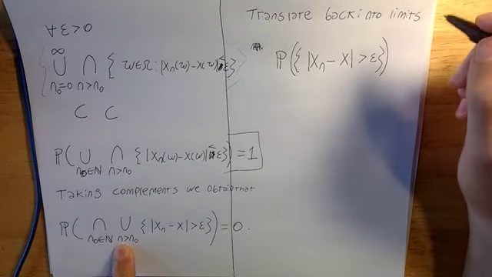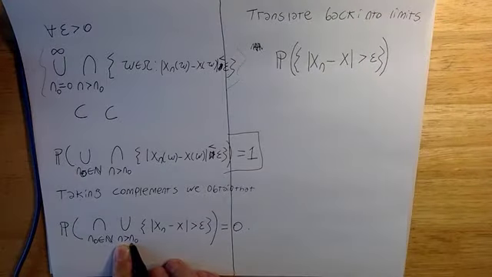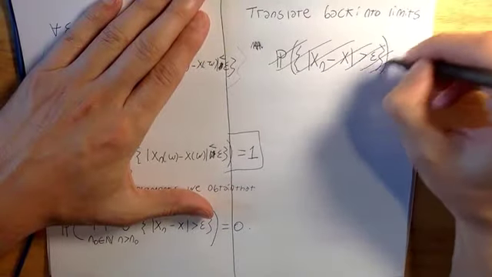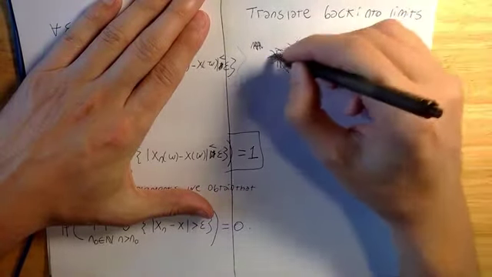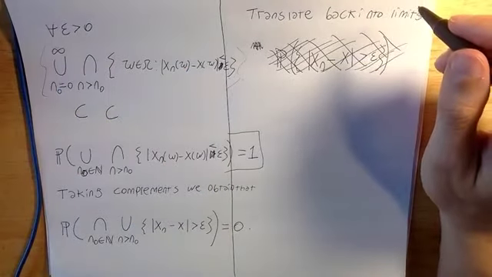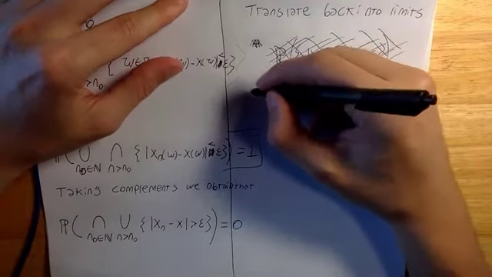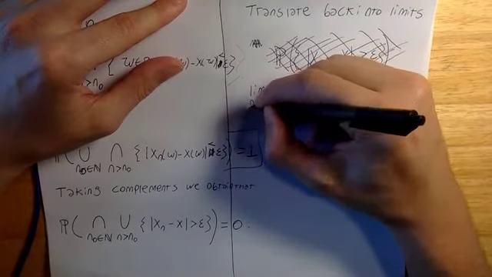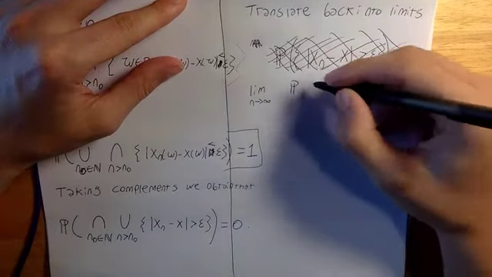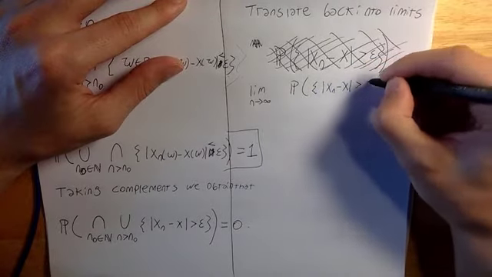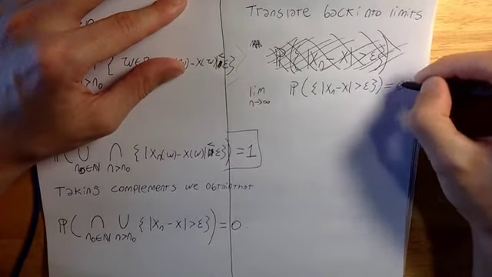So we're taking the unions over all n0. Okay, let's try to make this easier. Now let's try to show that the limit as n goes to infinity of the probability of |xn minus x| bigger than epsilon is equal to 0.